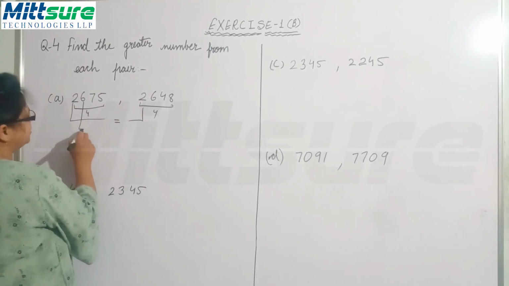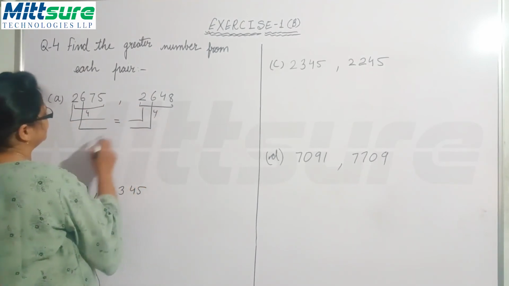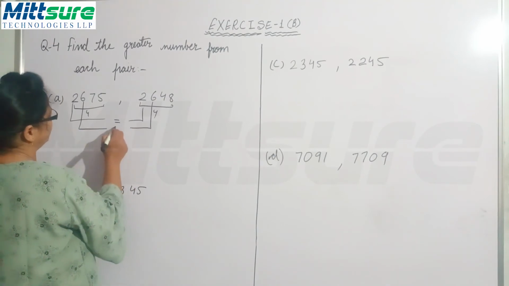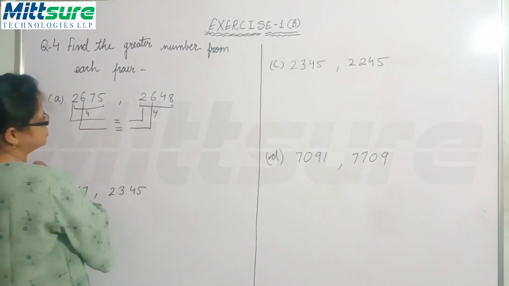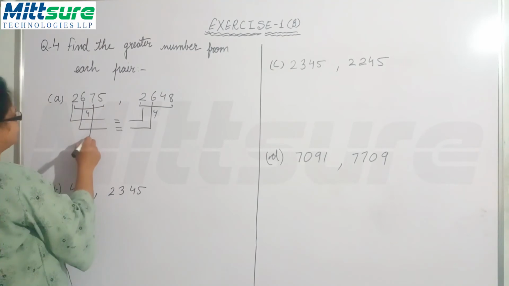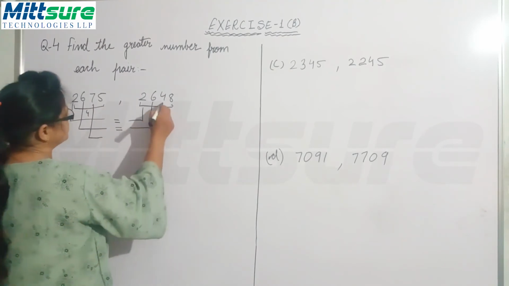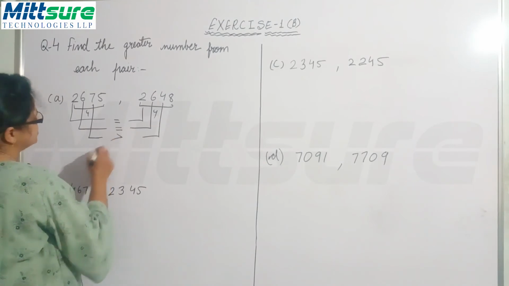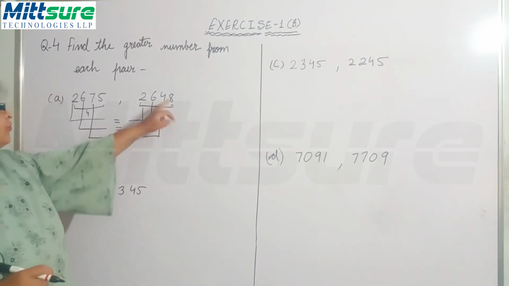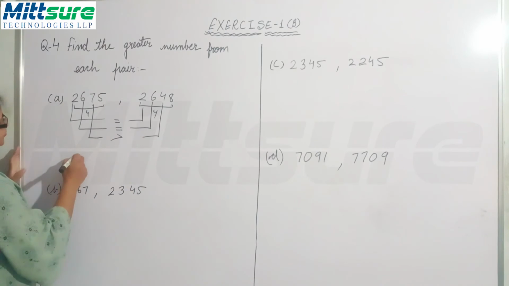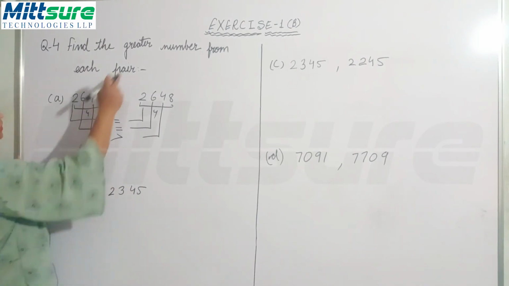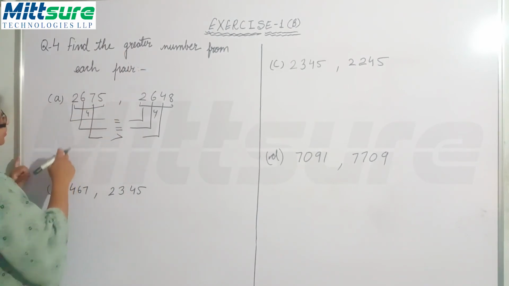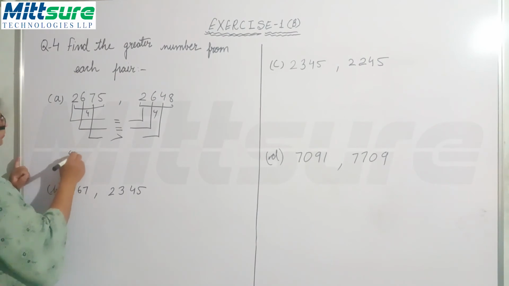Now the second digit from the left is 6 and 6, this is also equal, and this is 7 and this is 4. Now we know the 7 is greater than 4.